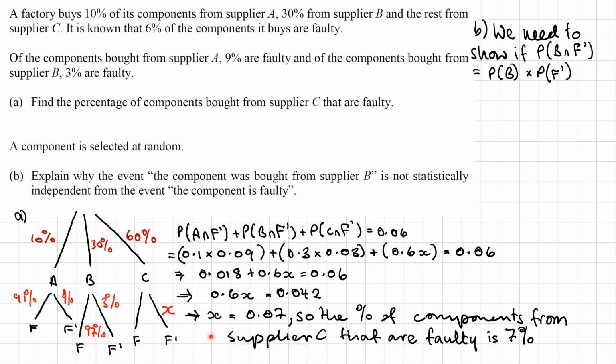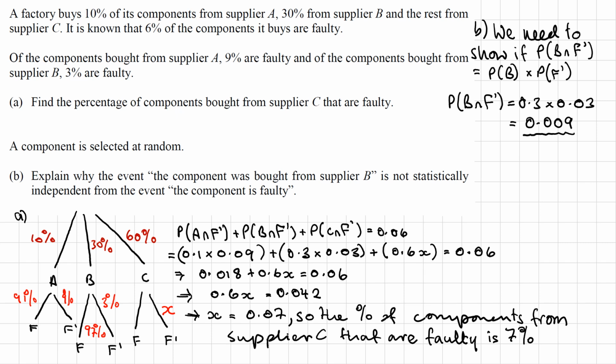So we did work this bit out before. It's just here. The probability that it's from B and it's faulty is equal to 0.3 times 0.03, and that's 0.009.